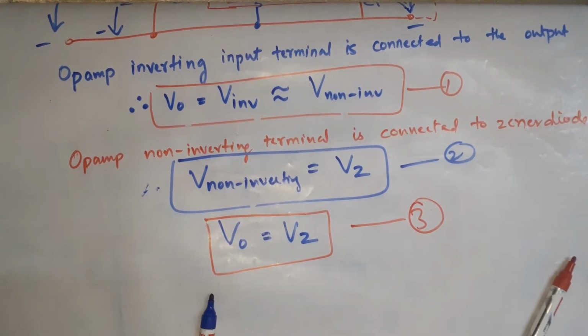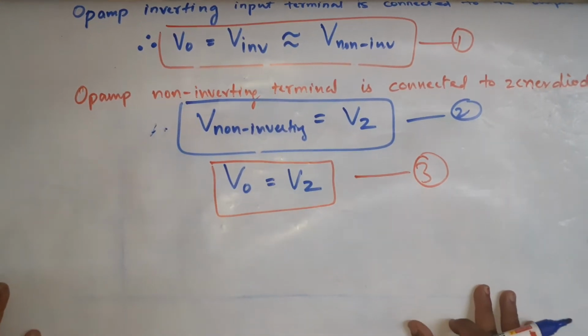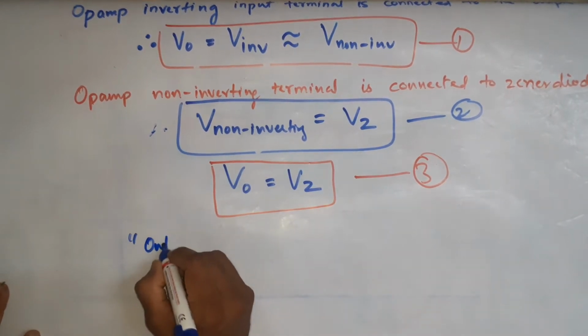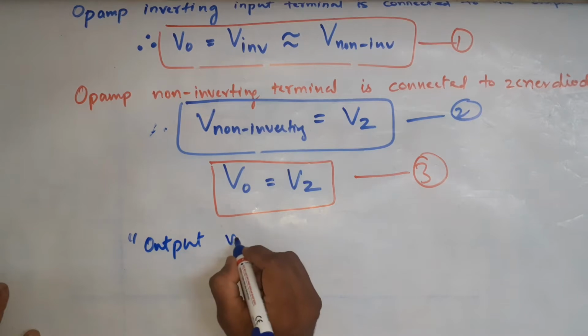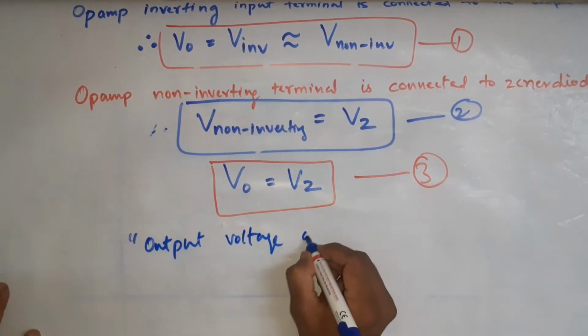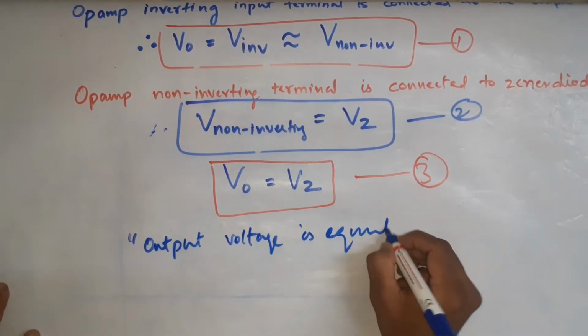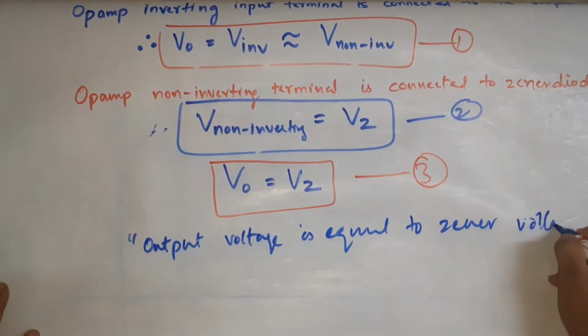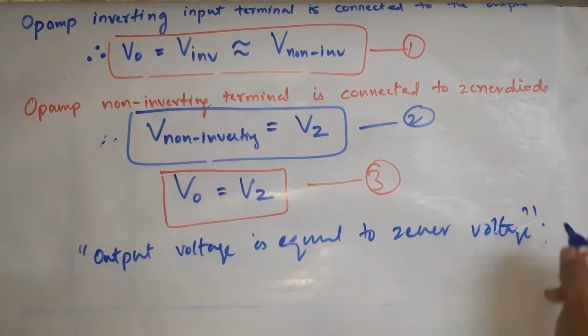A constant voltage. The job of the Zener diode is to maintain a stable, constant, regulated voltage. Hence we say the output voltage is equal to the Zener voltage.